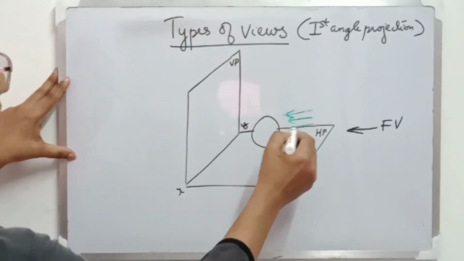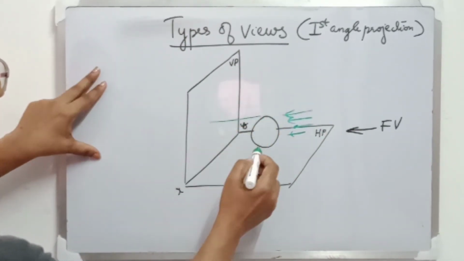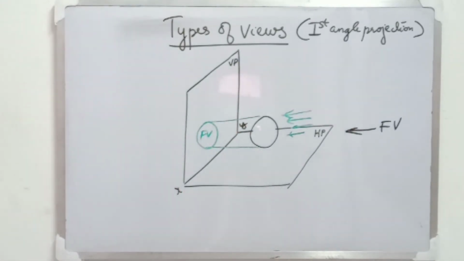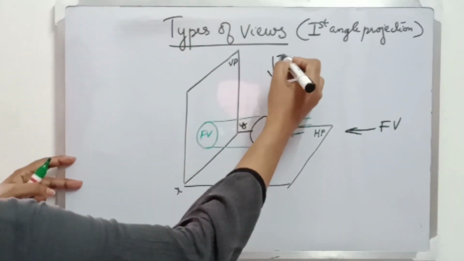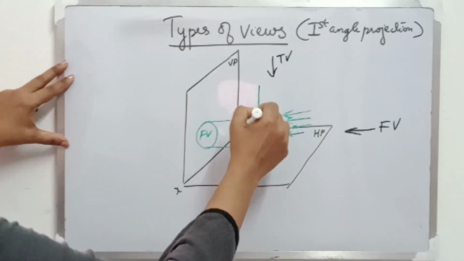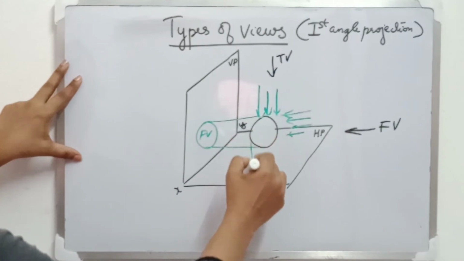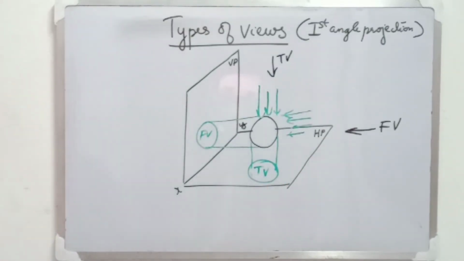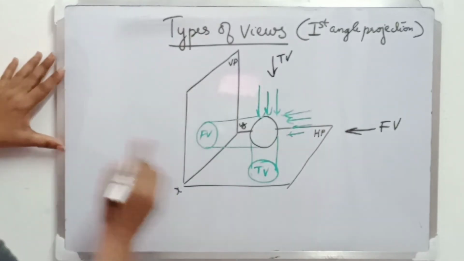So I'm drawing the projectors like this. The projectors pass the object and create an image on the VP, and that is the front view. Looking from the top, let us draw the projectors. Looking from the top, the rays pass the object and create an image on the horizontal plane, and that is called the top view.